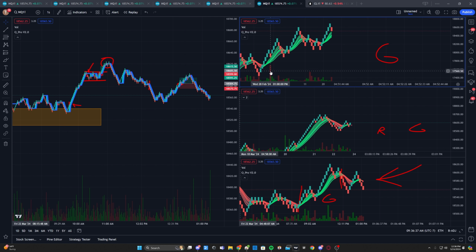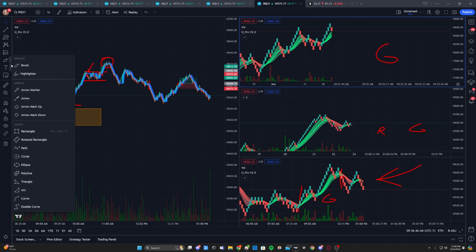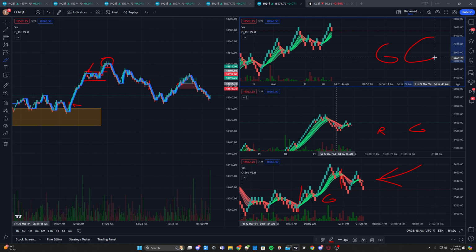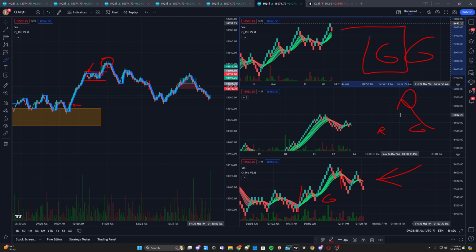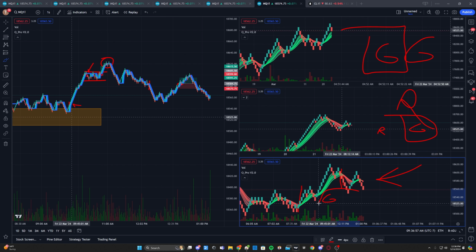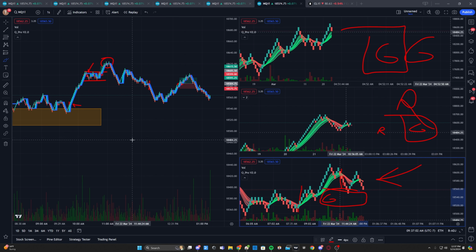What I'm going to work on is, instead of you having to look at the ribbons, depending on what direction these ribbons are, have something actually pop up on the screen, like a big green G or a big red R. That way, at a glance, you can see, oh, green, green, green, and then you know that you should only be looking for greens over here, and vice versa. So that's kind of the basis of this trading idea.